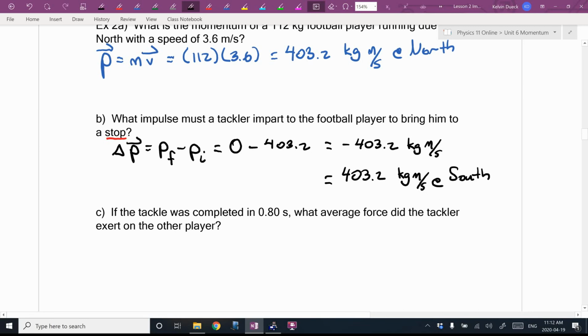If the tackle was completed in 0.8 seconds, now they gave me a time of 0.8 seconds, and they want the average force. Now, again, I could probably go a equals vf minus vi. You know what, though? What did I just find? I found the impulse. I'm going to use the impulse equation, and one of the versions of the impulse equation has a force and a time in it.